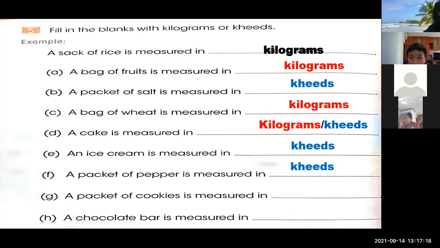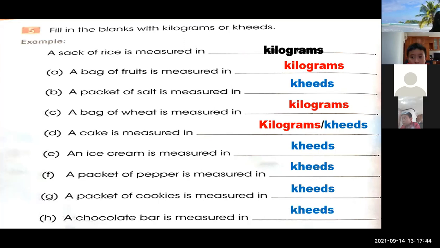A packet of cookies is a small amount, a small size. If small size, we use kids. If big, we say a box of cookies, so we use kilograms.